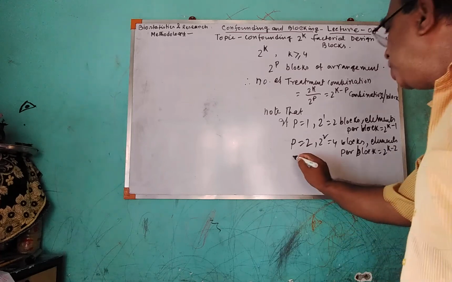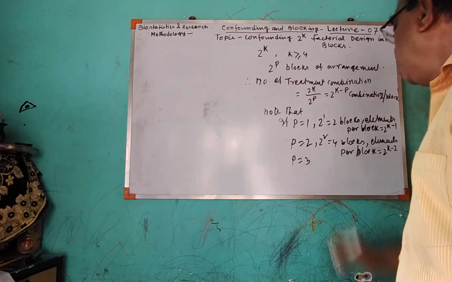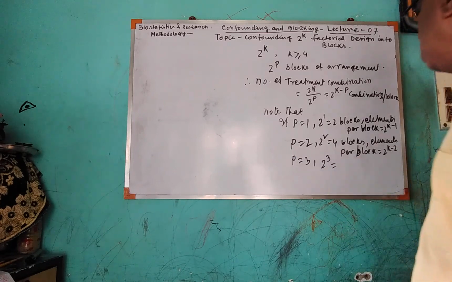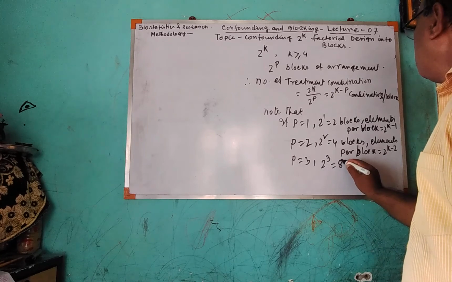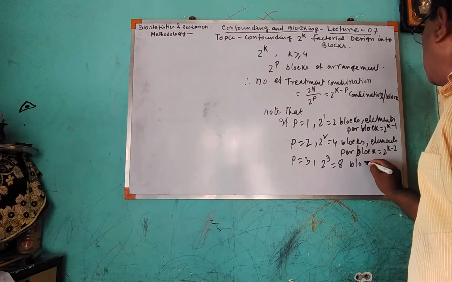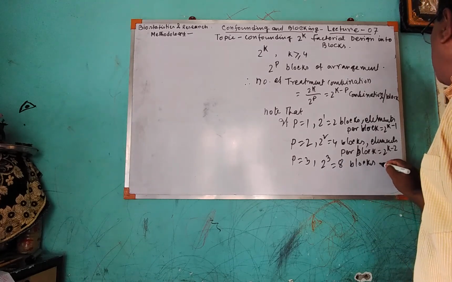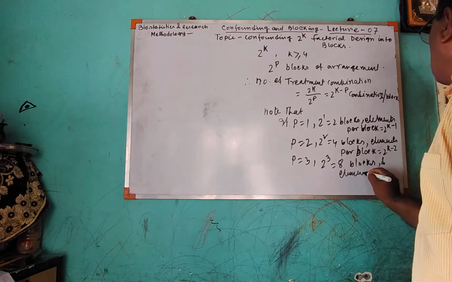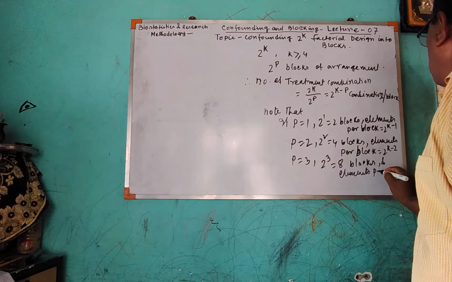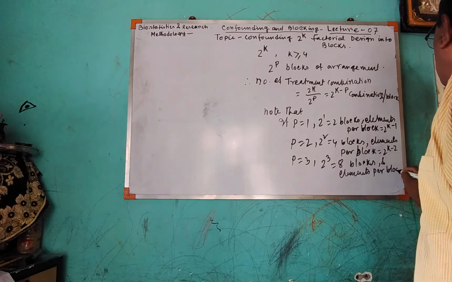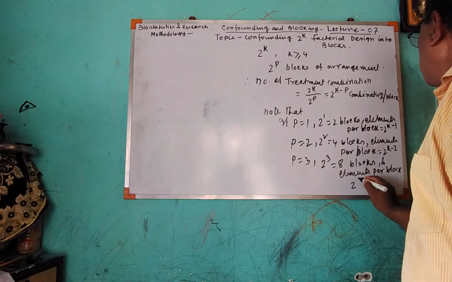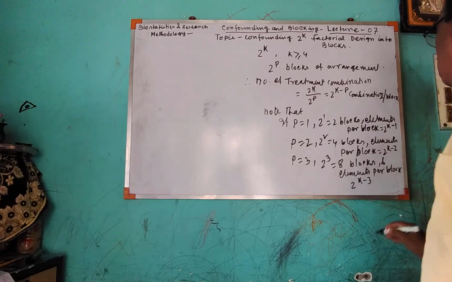If p equals 3, then 2 to the power 3, that means 8 blocks will be there, and elements per block equal to 2 to the power k minus 3.